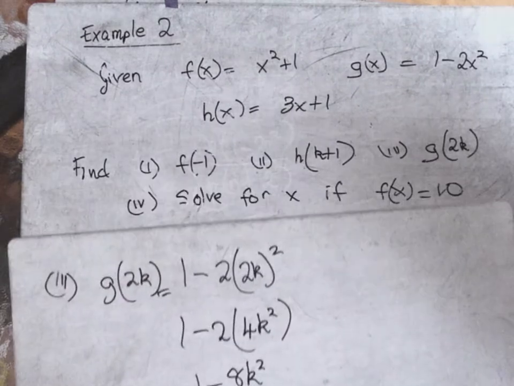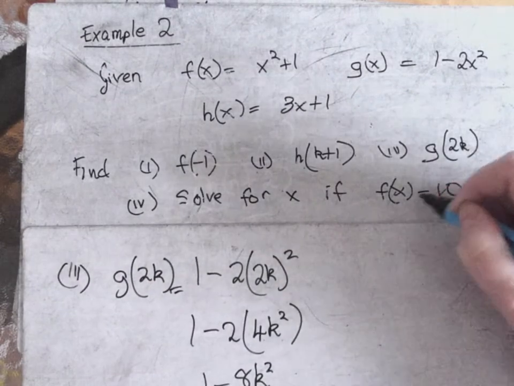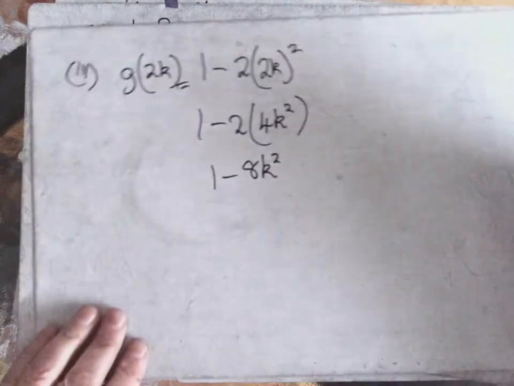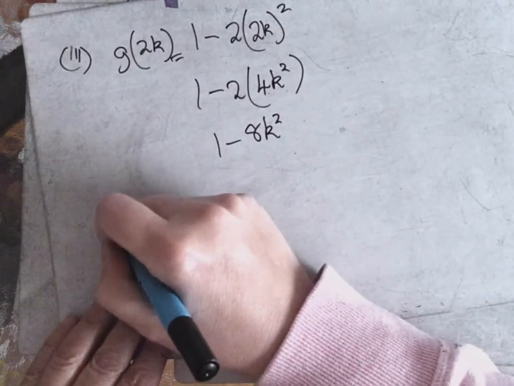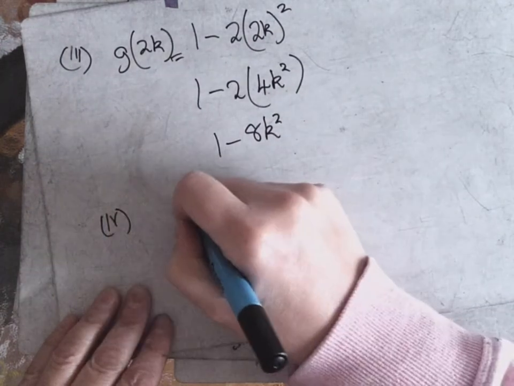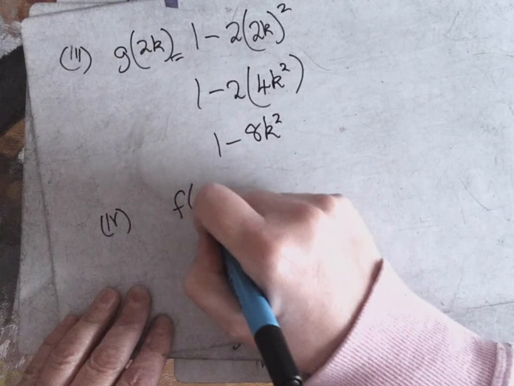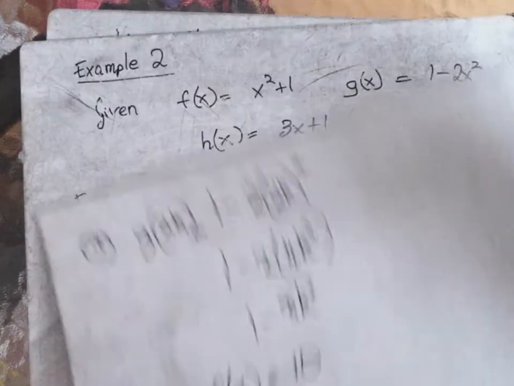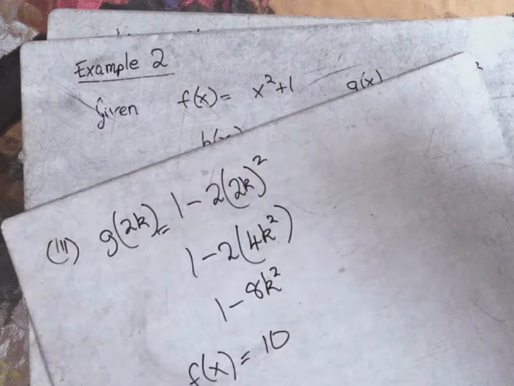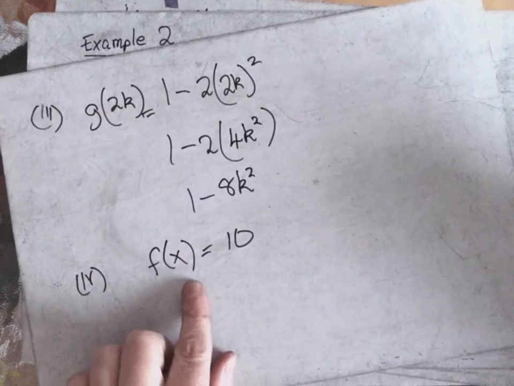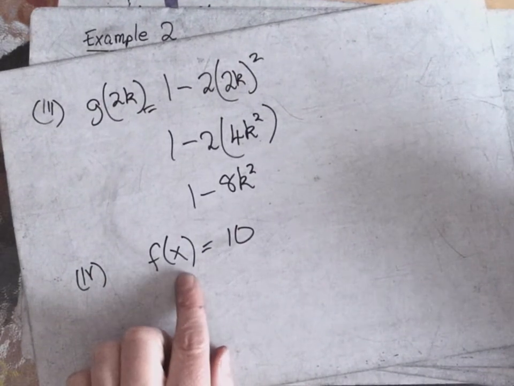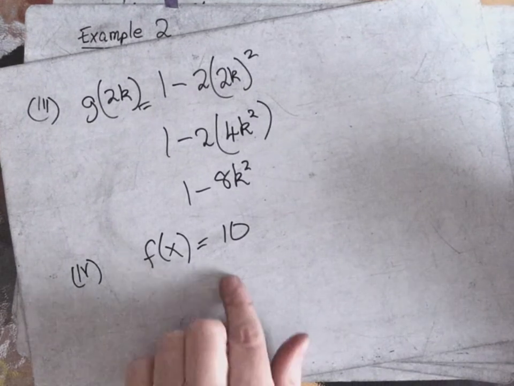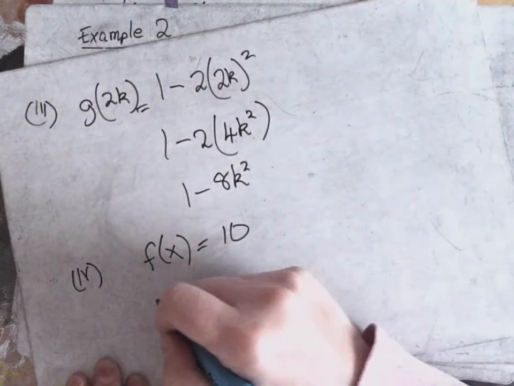Part 4 tells me f of x equals 10. Now this one is slightly different, because they're not telling me what to put in, they're telling me what the answer was. Into f, which is x squared plus 1, I put in something for x, I don't know what, but I know my answer was 10.